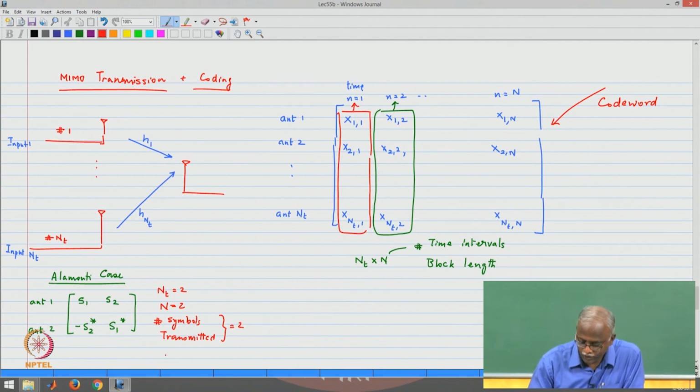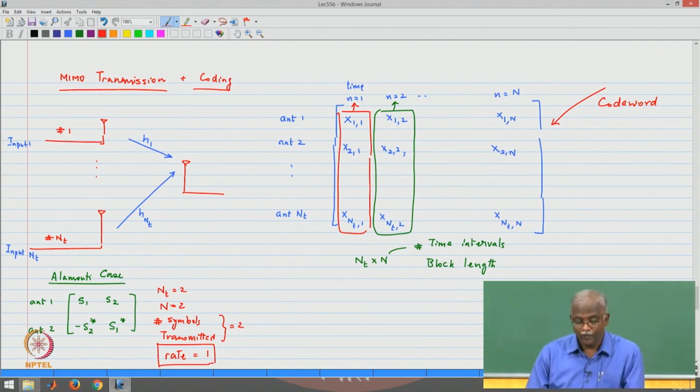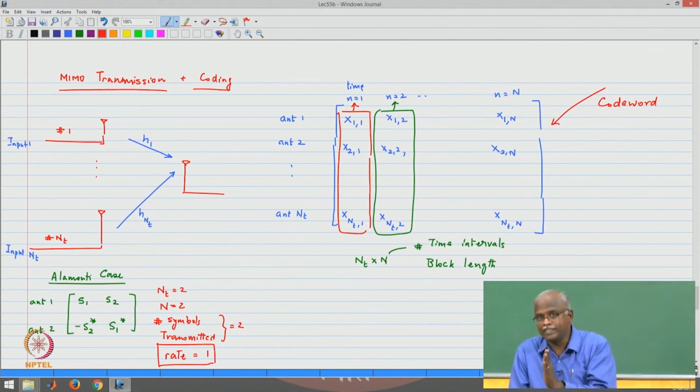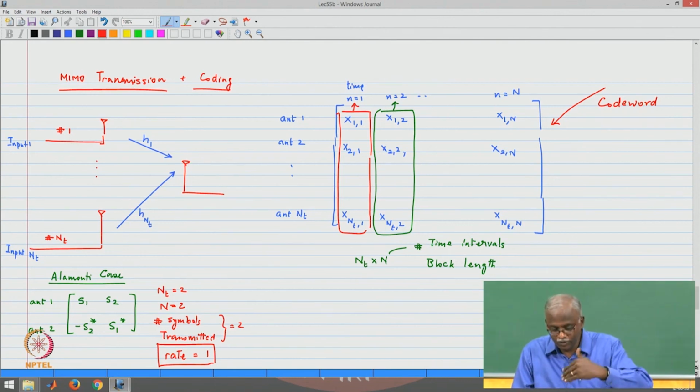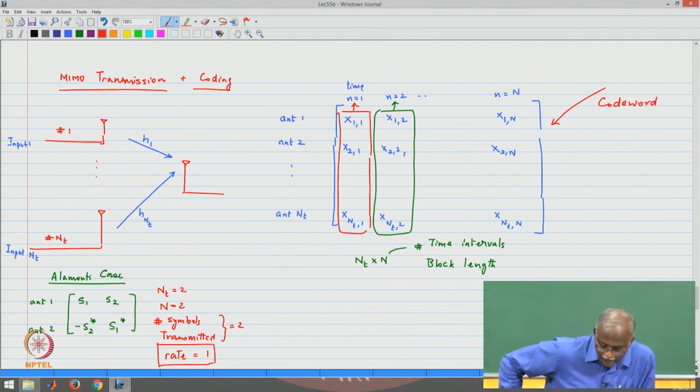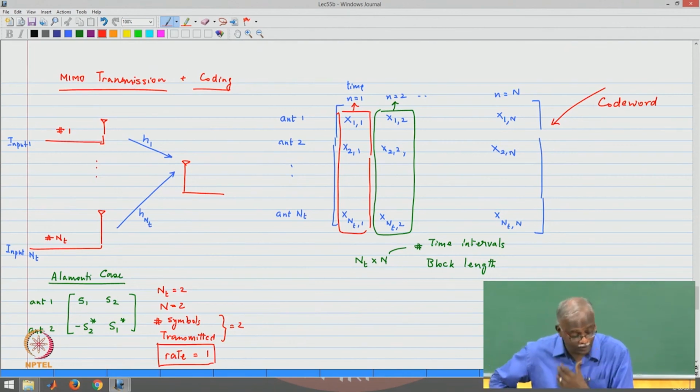Therefore, the rate, which is the number of symbols transmitted divided by the number of time instances, is equal to 1. So, the Alamouti case is a rate 1 code, where you are transmitting 2 symbols over 2 time instances, and you are able to achieve the second order diversity that we have shown is present in the case of an Alamouti system.